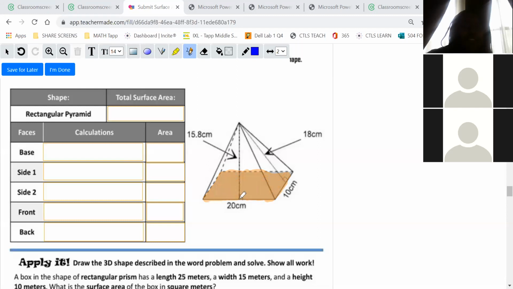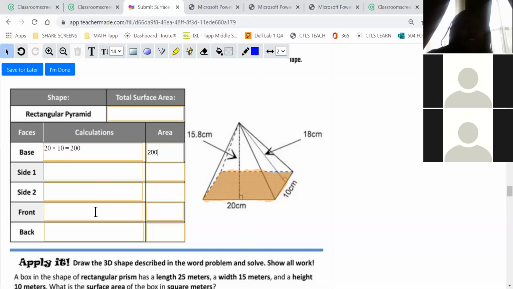All right, so I see that for this quadrilateral, it is 20 centimeters by 10 centimeters. So for my base, it's 20 times 10, which equals 200. All right, so the area for that one is 200. And that was pretty simple, pretty cool.